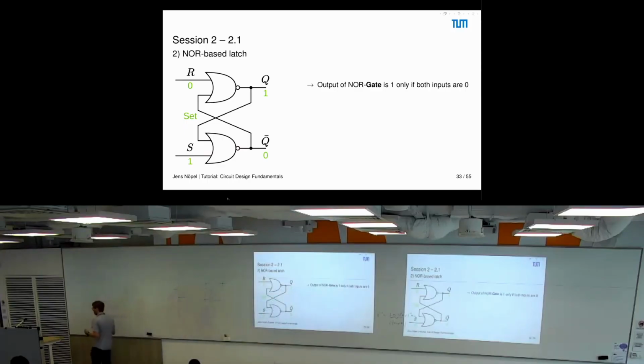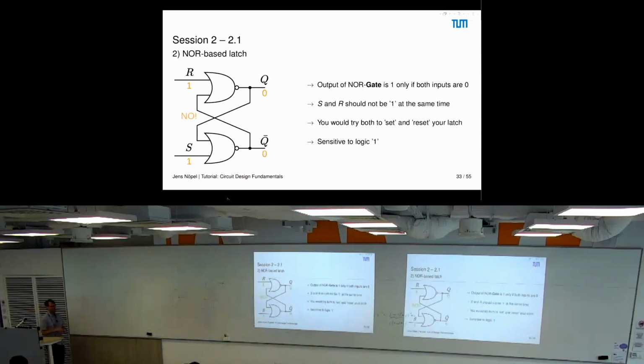So now the output Q is 1. This is the reason why it's called set. Then we can have a look at the reset. If we want a 0 on the output, we set R to 1, we get 0 on the Q side. Now S is 0, we enable the inverter, and we get a 1 on Q naught.